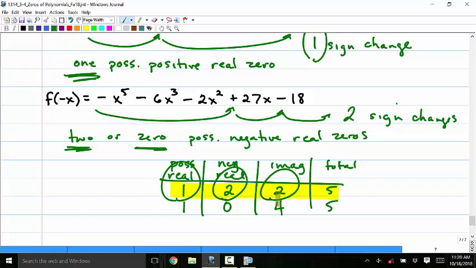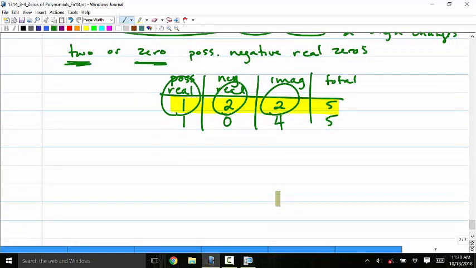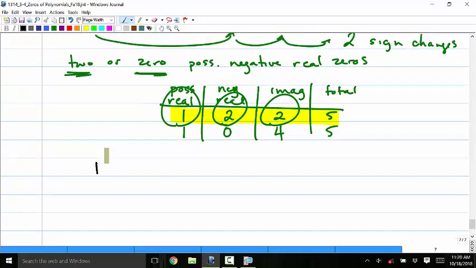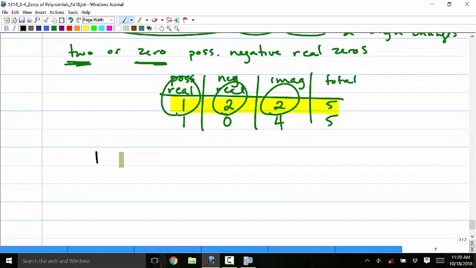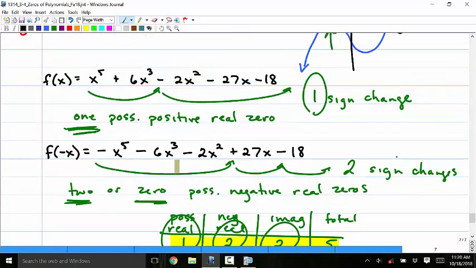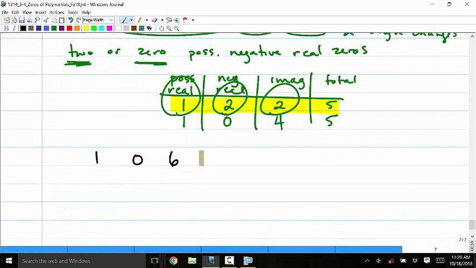All right. So what is my polynomial? x to the 5th plus 0x to the 4th plus 6x cubed minus 2x squared minus 27x minus 18.